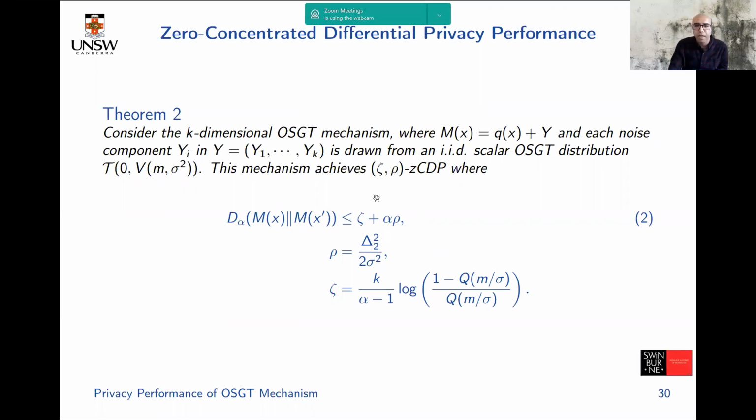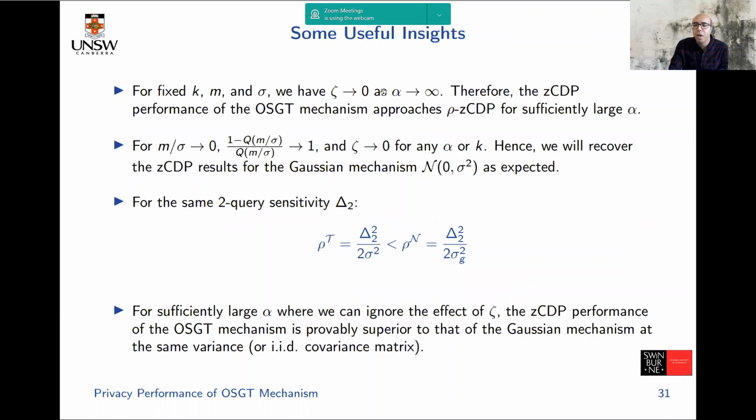For sufficiently large alpha, the zCDP of the OSGT mechanism can approach rho-zCDP, for large alpha or for very small sigma, because this is approaching 1. Again, zeta is 0, so we can recover the zCDP of the Gaussian distribution, which is what we expected.